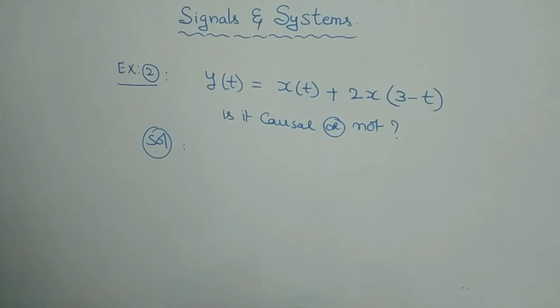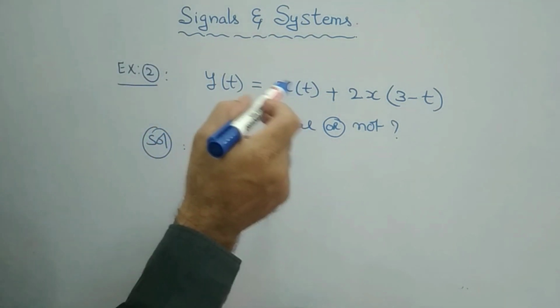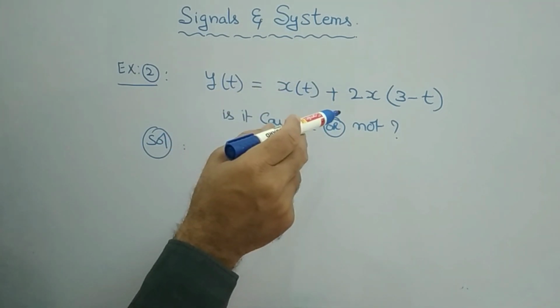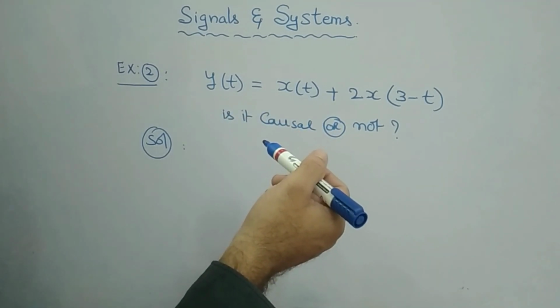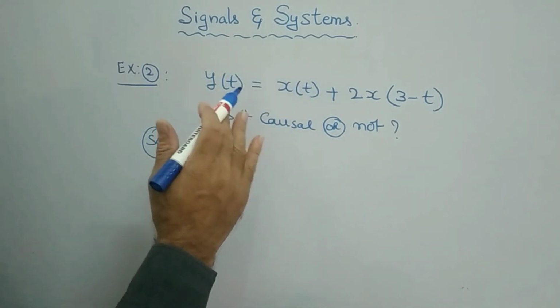Actually, by simply seeing you can tell, but for some questions you can't tell directly. Then sometimes what we need to do is check this given system for its causality. What is the condition to be satisfied by the system? It must depend on the present and past values.